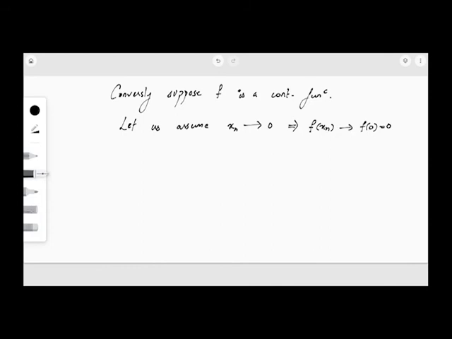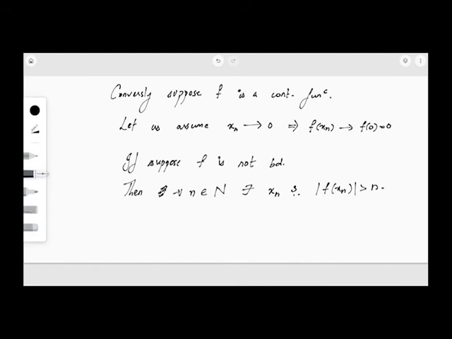Now we'll prove this by assuming the contrapositive. That is, if we consider that our function is not bounded, we are going to reach a contradiction. So suppose f is not bounded, then for every n element of capital N, we can find an xn such that modulus of f of xn is greater than n.